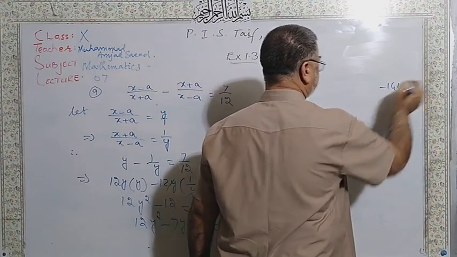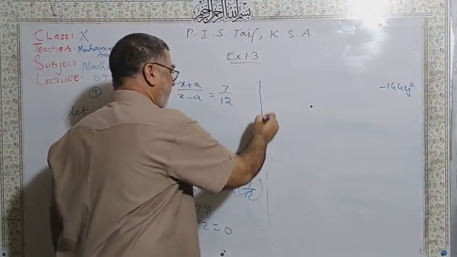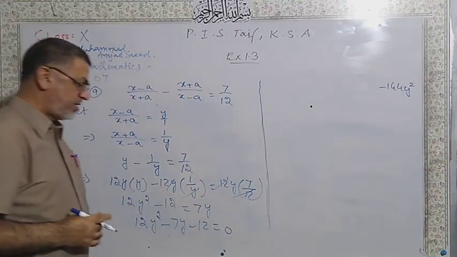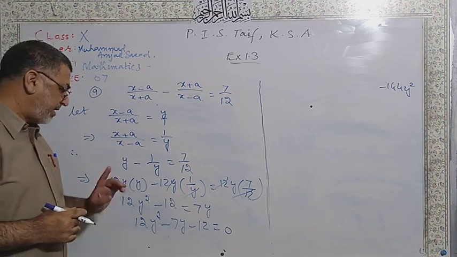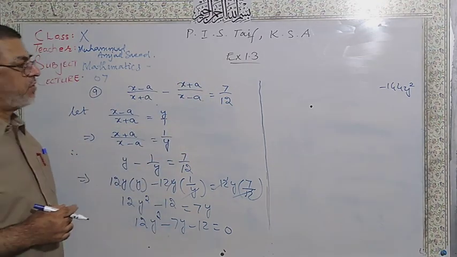Minus 144 y square. Actually we have to make the possible pair. By adding or subtracting, we must get minus 7, and by multiplying, we must get minus 144.